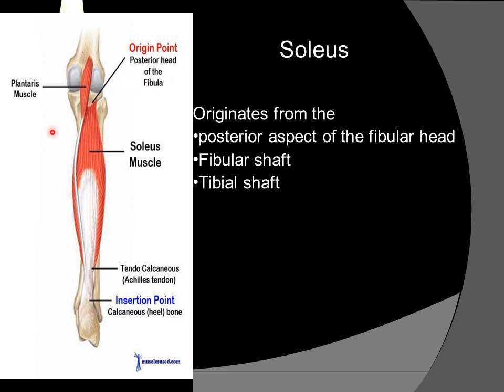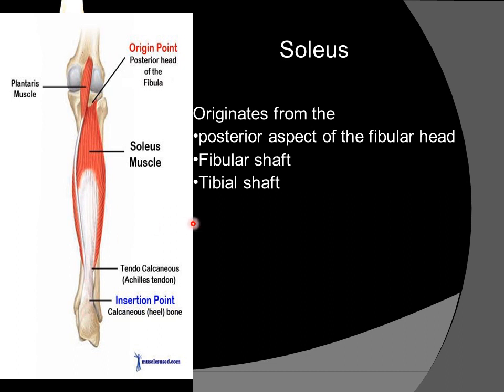So this is the origin of the soleus, and this is the insertion of the soleus. Okay, but that means both the gastrocnemius and the soleus have common insertion. That means they form a tendon which is known as tendo Achilles or the tendo calcaneus, which is inserting into the posterior surface of the middle 1/3 of the calcaneus bone.